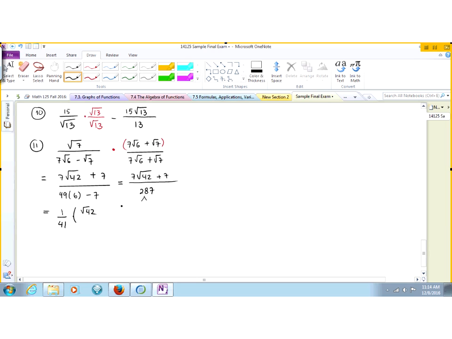And then the answer in the back looks like this. Square root of 42 plus 1. So this is fine. Or you could write down square root of 42 over 41 plus 7 over 41. Yes, easy?